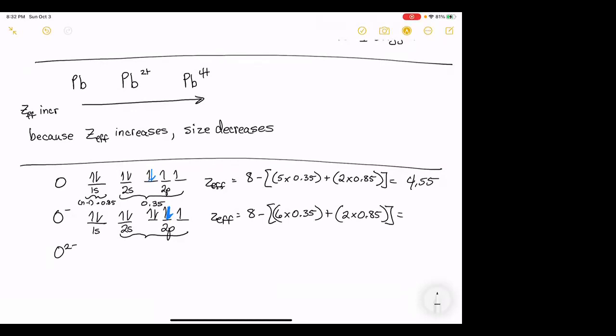So this Z effective is going to be, oops, I messed up. I keep messing up on my calculations, sorry.